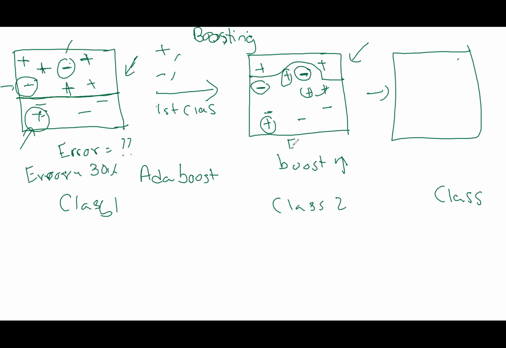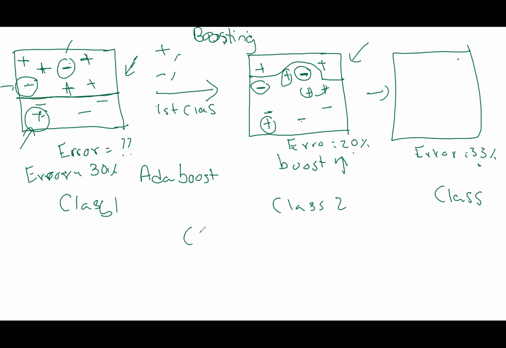In this case, the error is maybe, let's say, 20%, because it's only trying to classify the ones which have higher weightage, right? The third time, it'll probably get an error which is maybe, let's say, 33%. It'll still get the error from the misclassified ones, but it'll try to classify the ones which have more weightage. So now the first one has 30, the second 20, the third 33%.